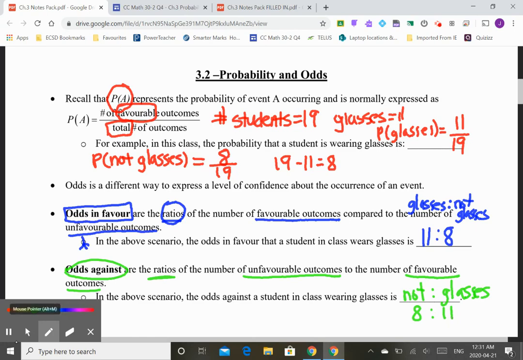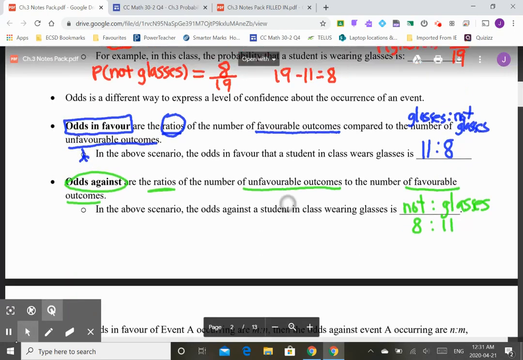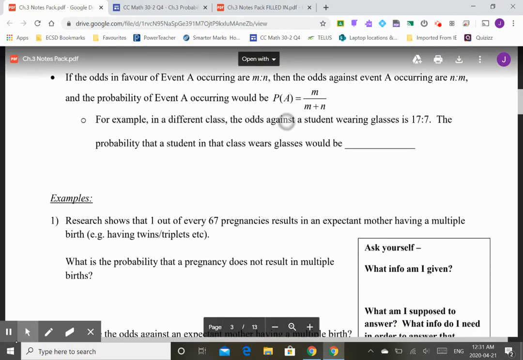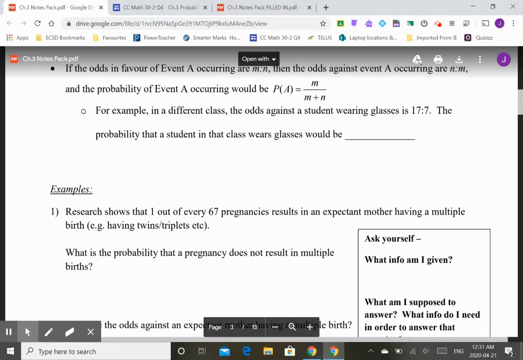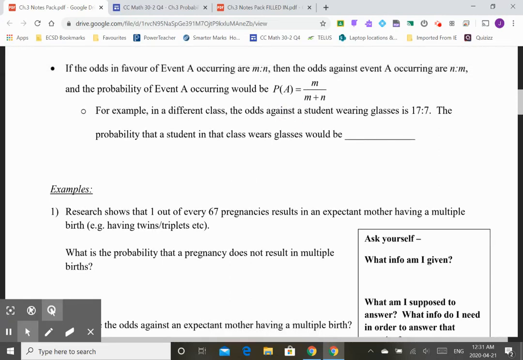Let's summarize that on the next page. If the odds in favor of event A occurring are m to n, then the odds against event A occurring are n to m, which is what we just talked about in the previous page. Odds in favor compares favorable to unfavorable.